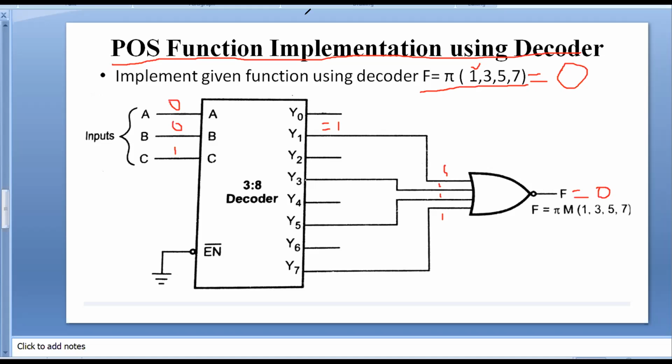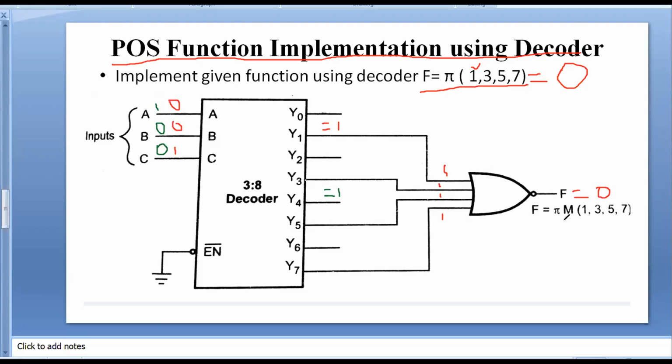Similarly, if I choose one more combination, the inputs 1, 0, 0, that is 4, means the y4 line is selected. The y4 line will be equal to 1, and the remaining lines are 0.